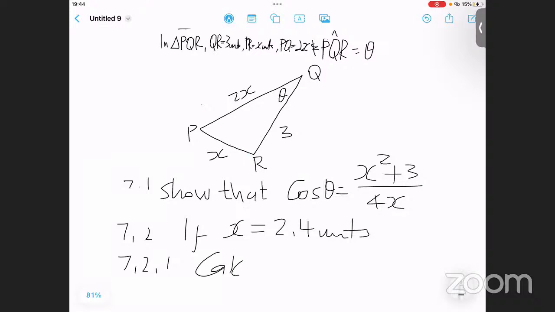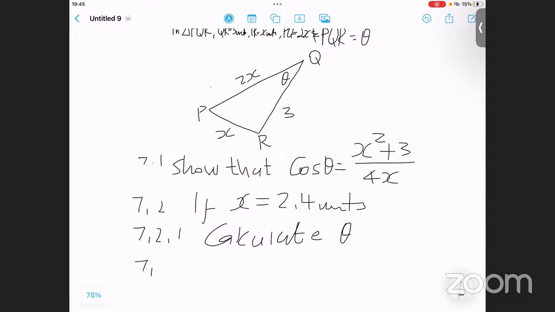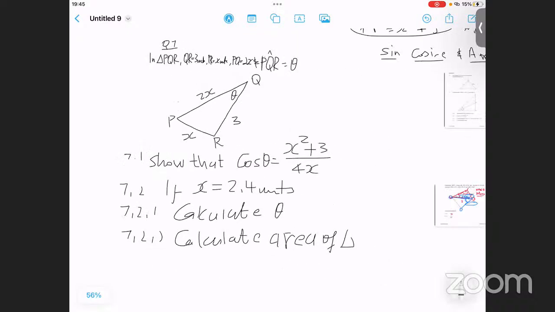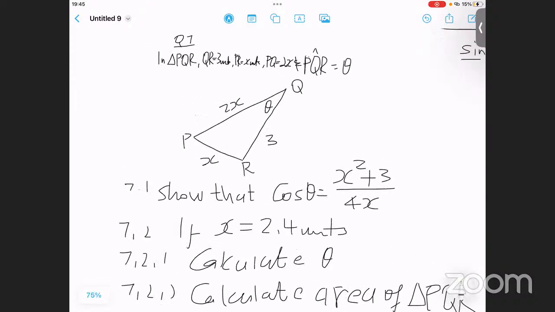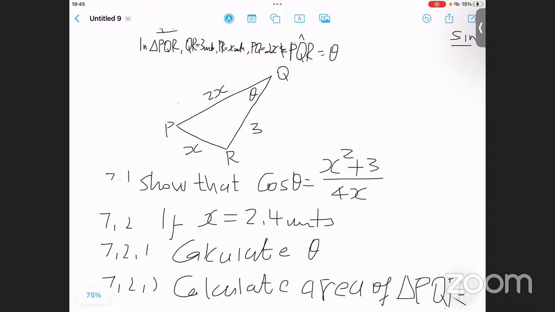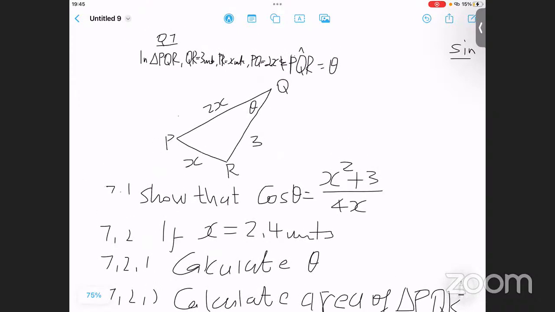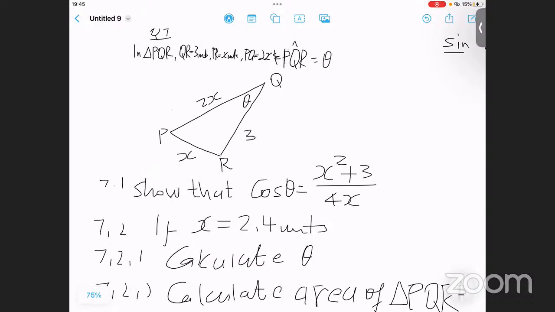They say calculate theta, and then 7.2.2, they say calculate, now they want you to calculate the area of triangle PQR. Yes, this is question 7, honorable members.